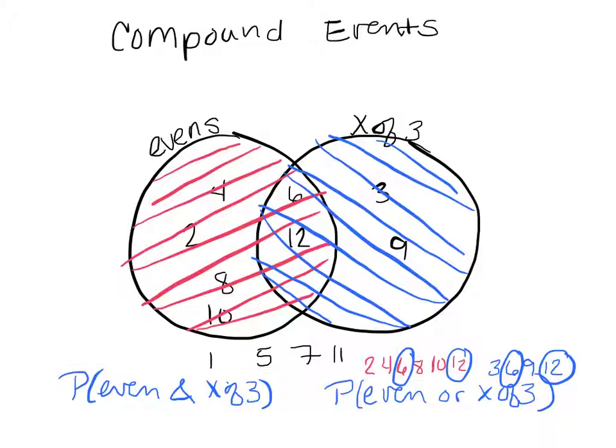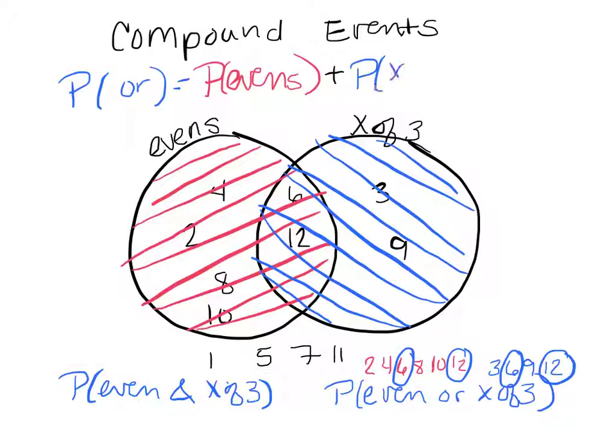So what happens is, as I'm trying to find the probability of the or, I'm taking the probability of the evens, I'm adding in the probability of the multiples of 3, but then I have a problem because when I do that, I've both taken the 6s and the 12s, and I've included those numbers twice, right?